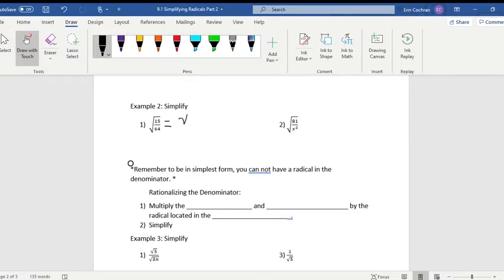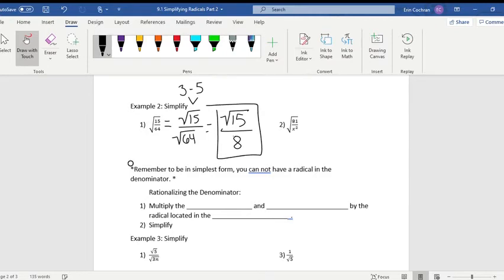So I had the square root of 15 over the square root of 64. Now, 15 could be broken down to 3 times 5, but do I have any pairs? Nope. So I'm going to just leave it as the square root of 15. And then 64 is a perfect square, and the square root of 64 is 8. So this would be my simplest form.